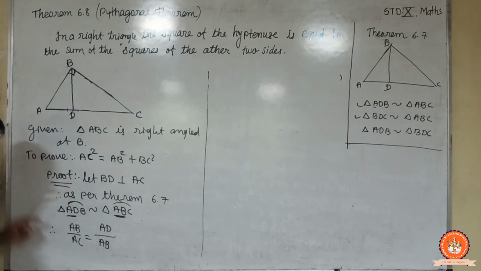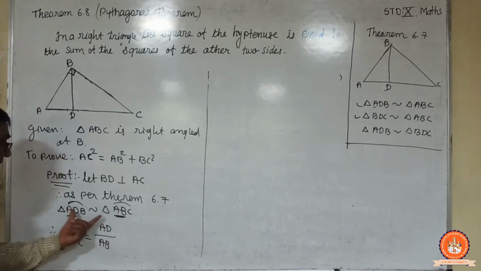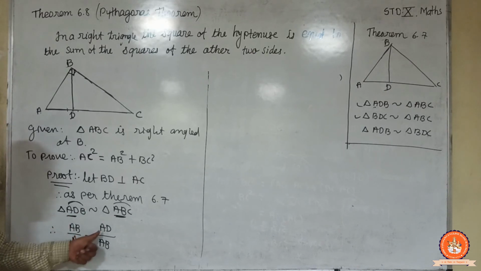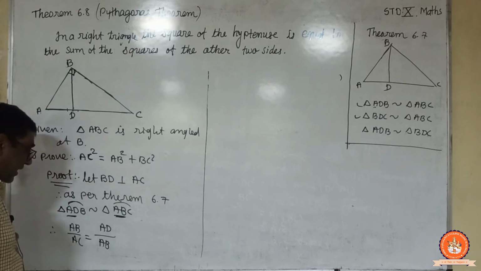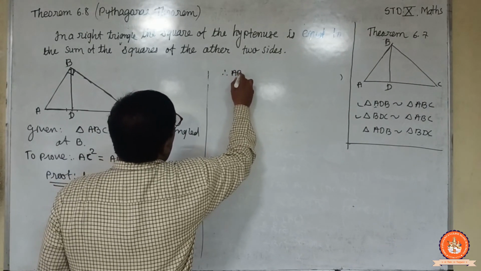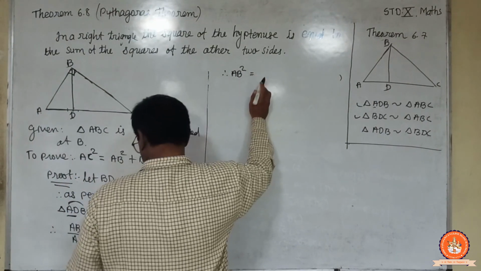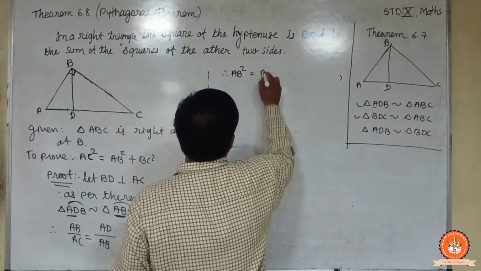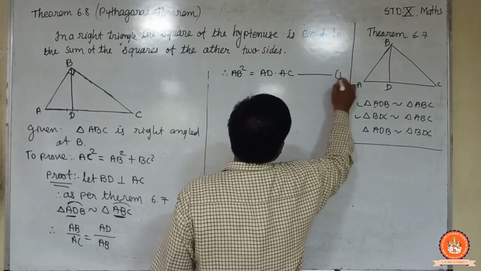Okay, so we can now write that AB upon AC is equal to AD upon AB. दो सिमिलर ट्राइंगल के कॉरस्पॉन्डिंग साइड का रेशियो इक्वल होता है. Okay, so therefore we can write AB into AB, AB square is equal to AD into AC. Okay, this is result number 1.